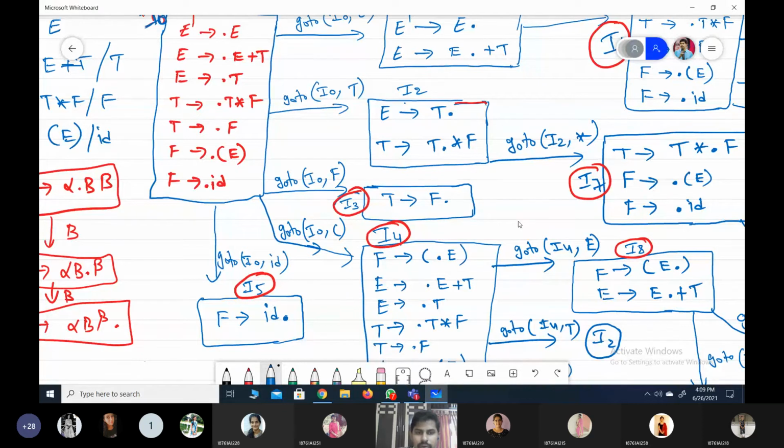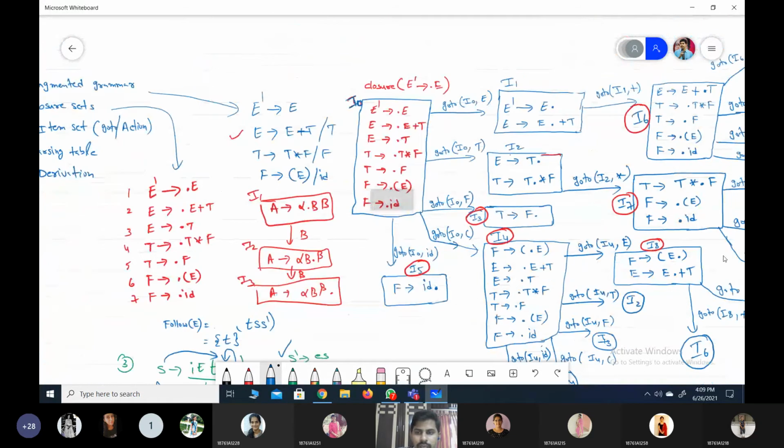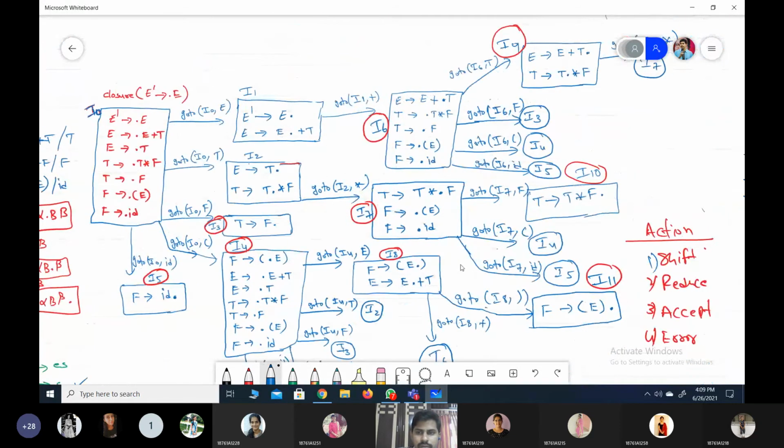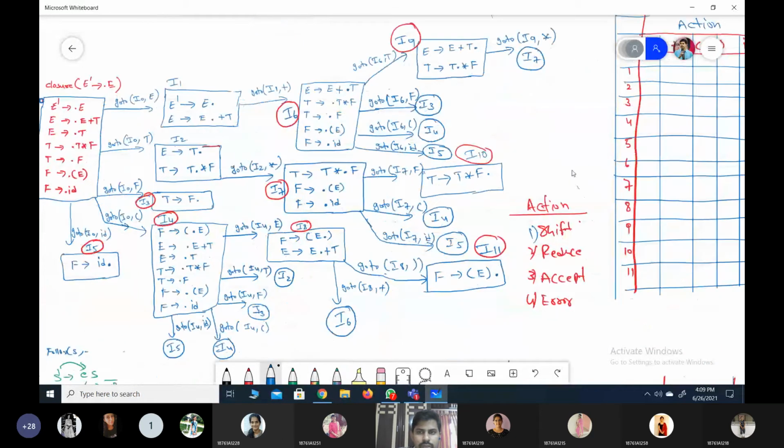If ID is applied, then we are moving to I5. So in the 0th row, open parenthesis column, you have to write shift 4, S4. In the 0th row, ID column, you have to write shift 5. So here I am writing the cross check; you can cross check both.